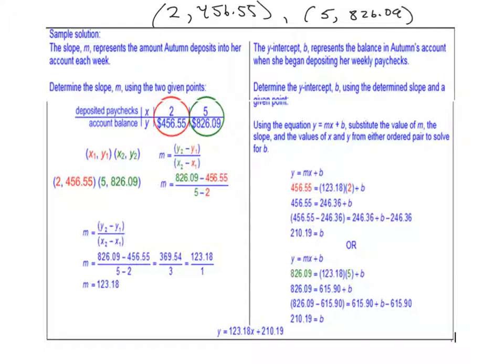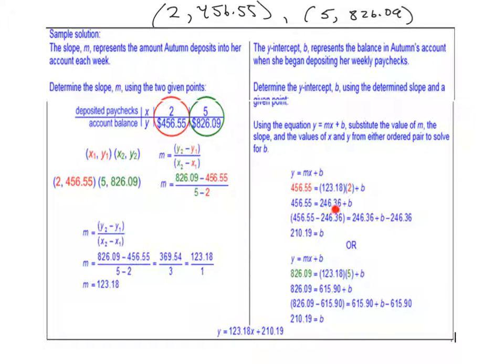So in our formula, y equals mx plus b, we need y. As we talked once before, y is just simply the output. So here we're using y as 456.55, and we're just plugging those in, and x is 2. So since I've substituted, I'll have 456.55 is equal to 123.18 times 2 plus b. So I'm going to multiply here.